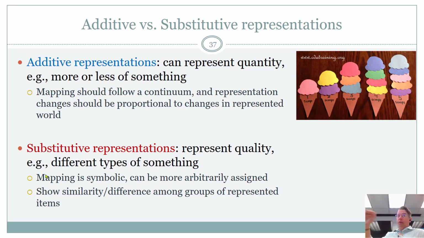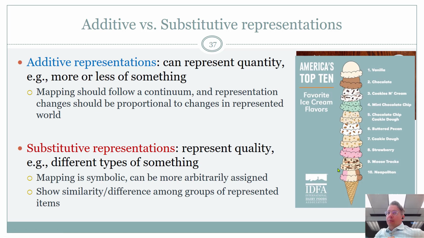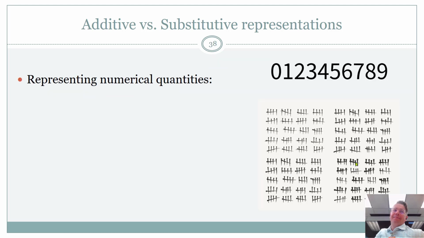When you go from light to medium to dark gray, there's a continuum there. And so you don't want to use the wrong type of representation for the type of data you're working with. So what's your flavor of ice cream, not the quantity of it? These are qualitatively different. Oh, and here's them both, right? So I can get qualitative and quantitative with this representation. All right.